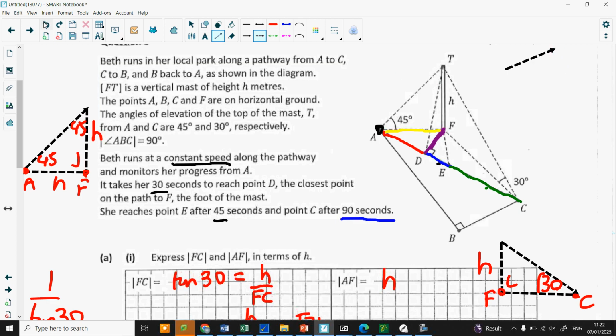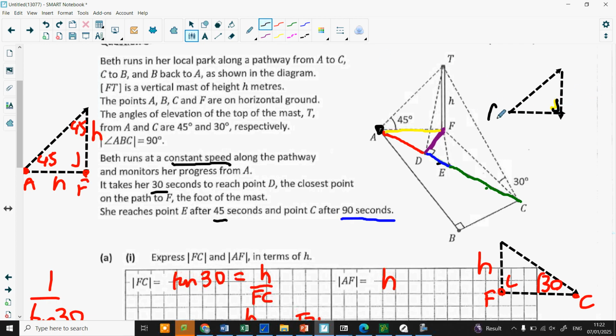So I'll try and draw it slightly better. It's the triangle A to F to D. I know this triangle's right angled. How do I know that? How do I know that AFD is right angled? Angle FDC is 90 degrees. Yes, it is. And I know A to F is what? H. I don't know anything about F to D, do I?